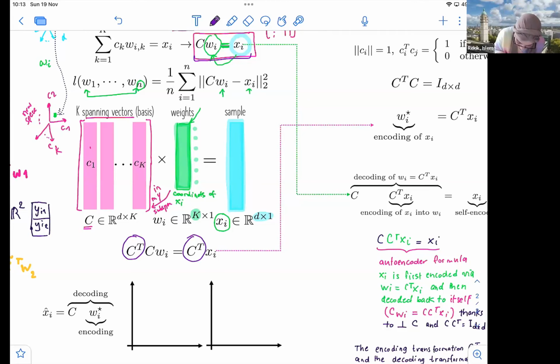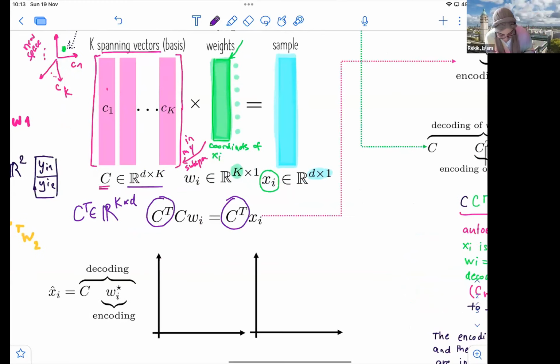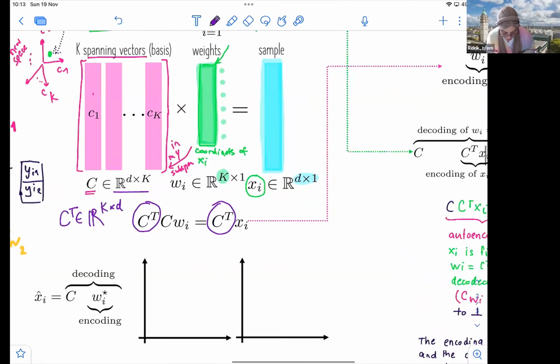If C belongs to R^(D×K), C transpose will belong to R^(K×D). So now, the idea is that in the new space, what we call wi star is the optimal one, and it is called the encoding of the data. So this is the encoding.